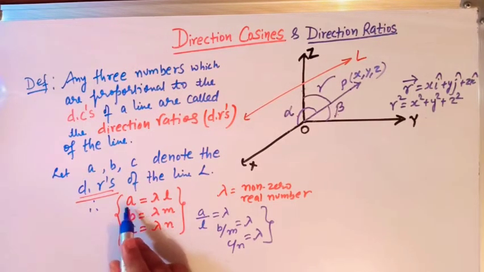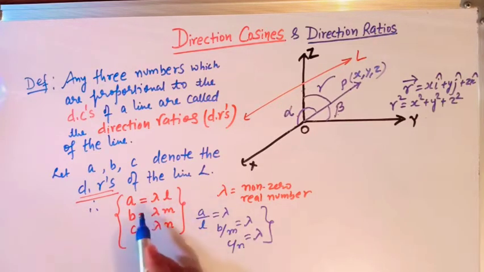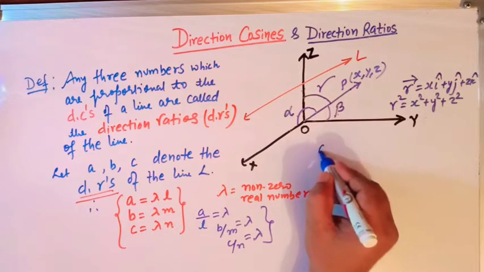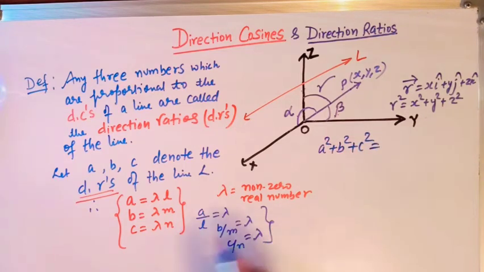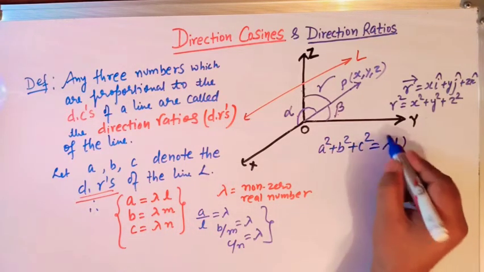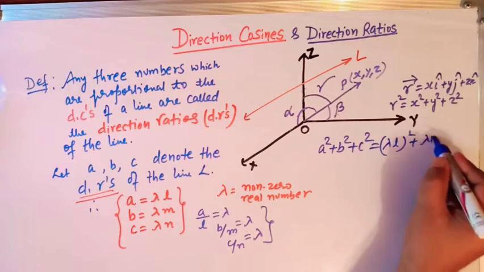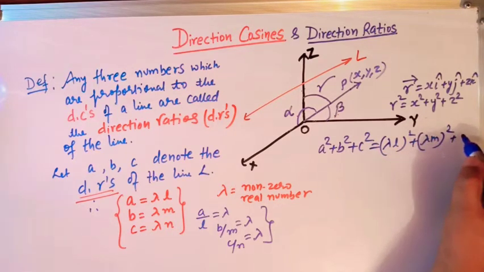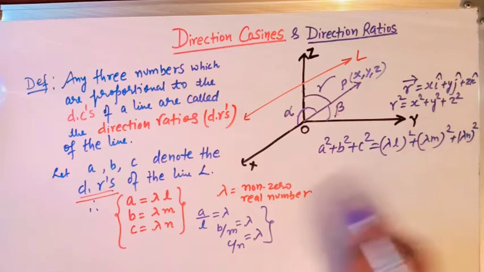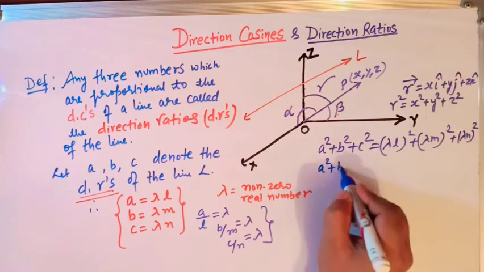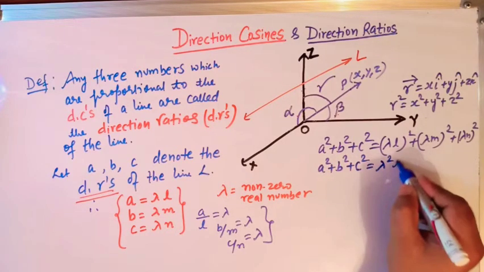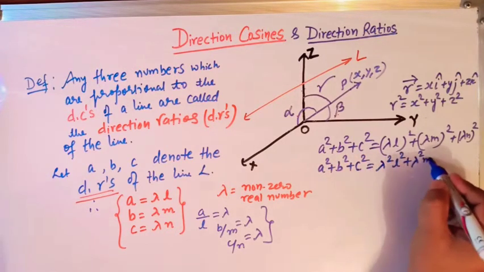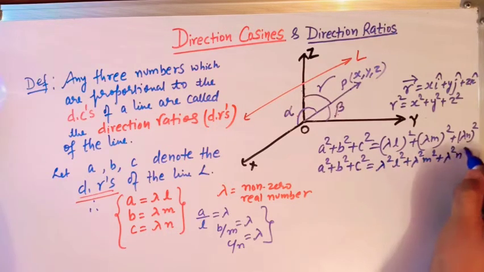Now here from these equations, let us square these equations and then add up. That is, let us find a square plus b square plus c square. So we have lambda L square, then we have lambda M square, and then we have lambda N square, right? So this is a square plus b square plus c square, then we have lambda square L square, lambda square M square, and lambda square N square.